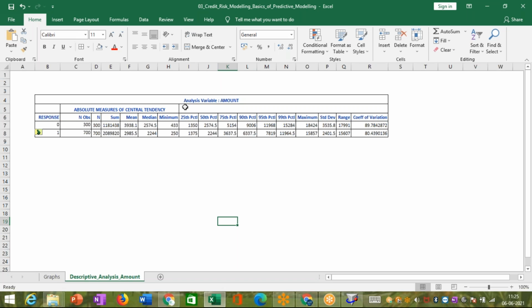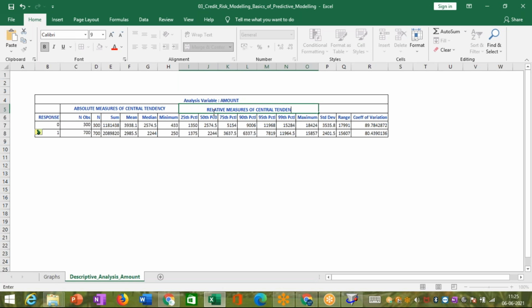Okay. Then what I have over here is the relative measure of central tendency. Over here, what I have is the relative measures of central tendency.